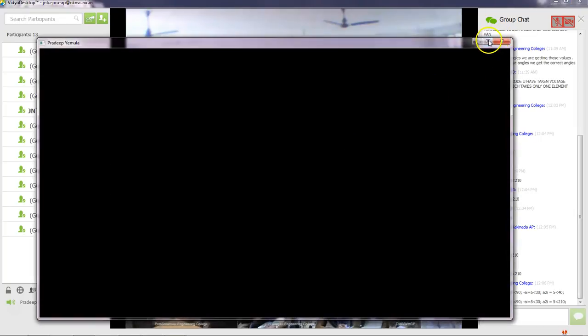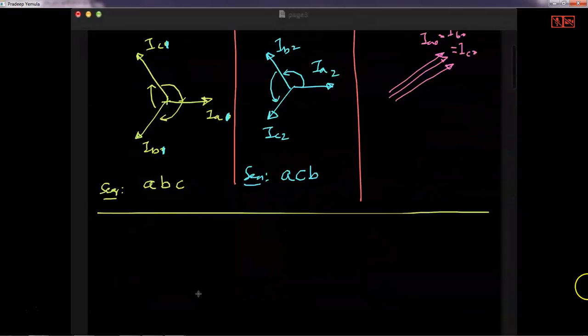So look at this. IA1 equal to, because IB1 is lagging IA1 by, sorry, 120 degrees, IA1.